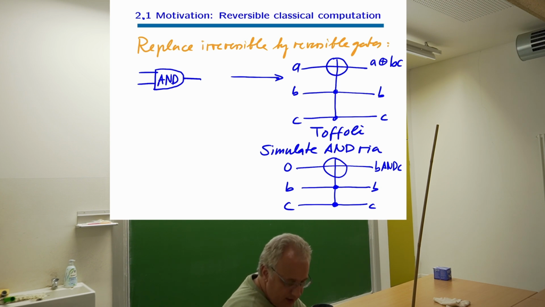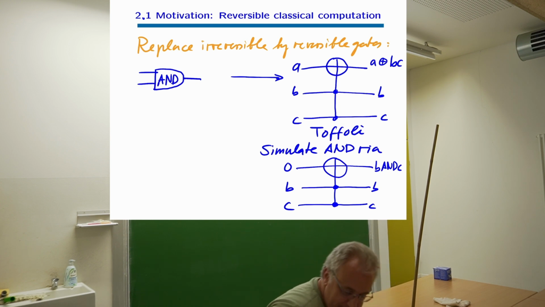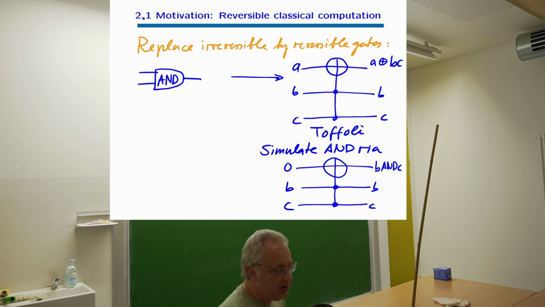The difference with the AND gate is you have the input still sticking around, so that's why it's a reversible gate. You're not losing the input. But again, that costs memory. You have these half-computed things lying around, and that wastes memory. So that alone doesn't solve the problem.